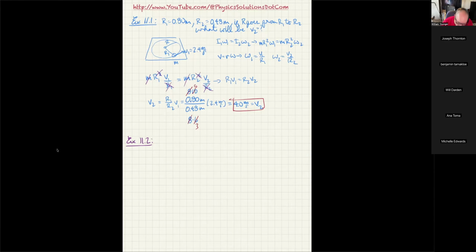So I'm going to write down the information we were given. M sub A is 6.0 kilograms. M sub B is 9.0 kilograms. What we found was omega 0 was equal to 0 radians per second.